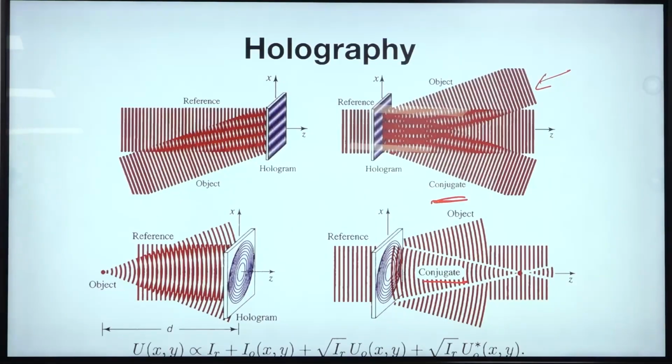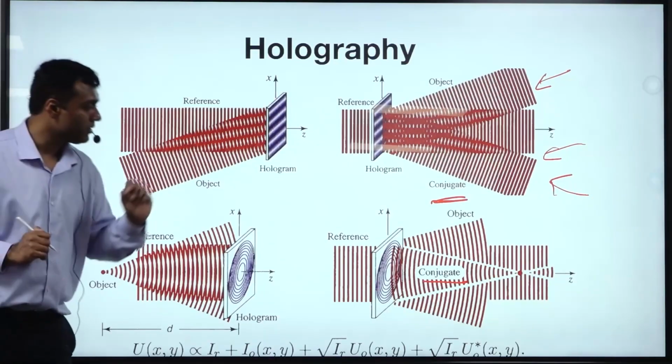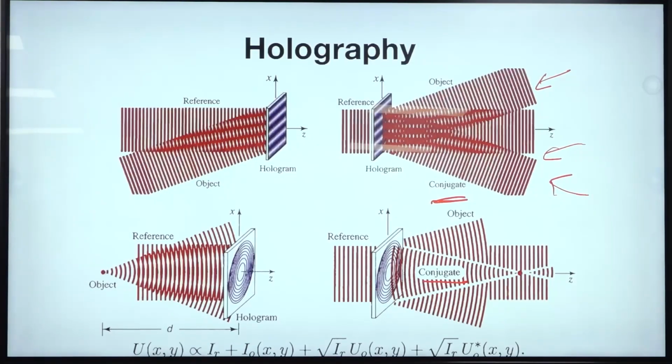If you move at a much larger angle, instead of seeing it from here, if you see it from here or from here, then there will be some problems. So that's a limitation of this sort of holography, and this is called the complex conjugate problem of holography.